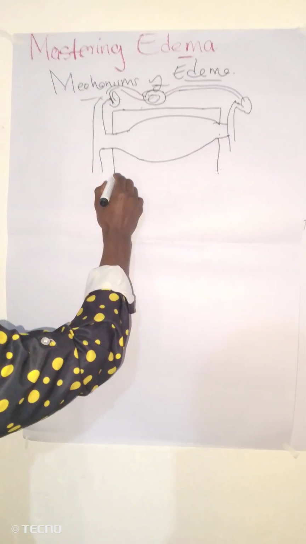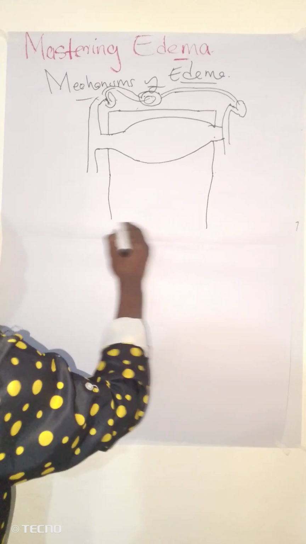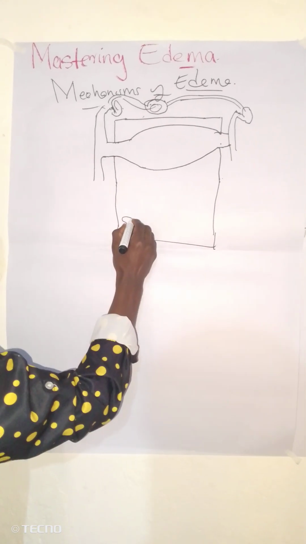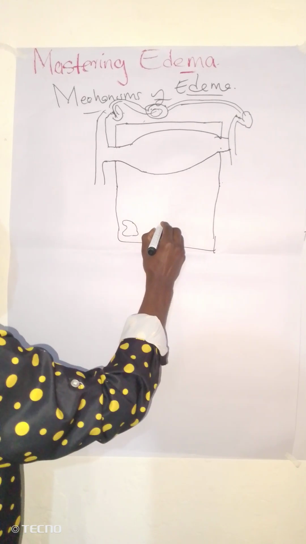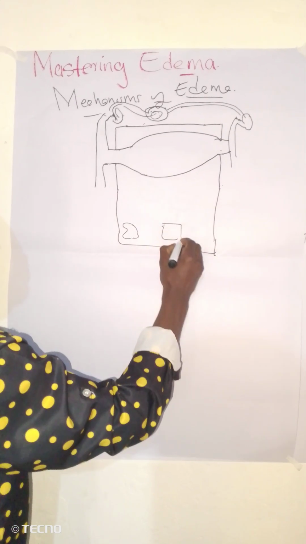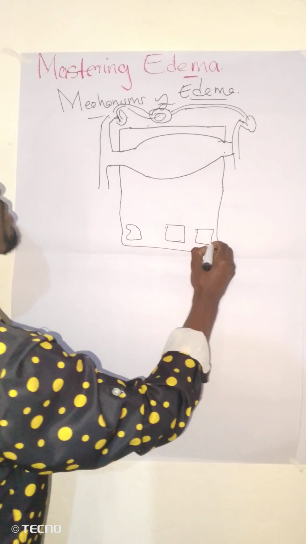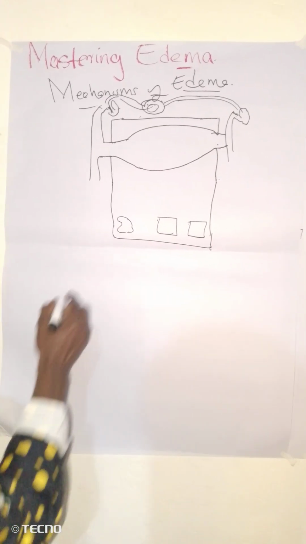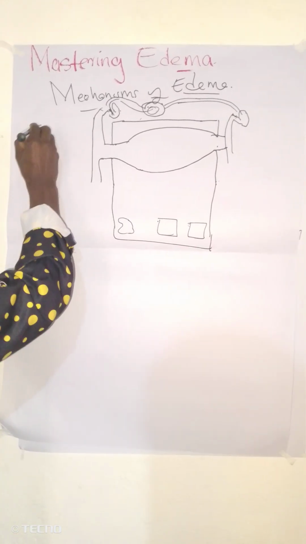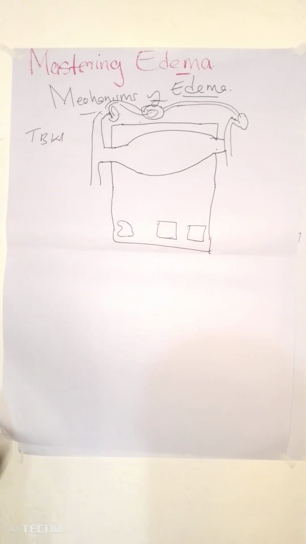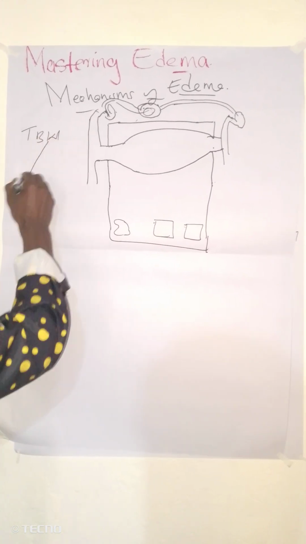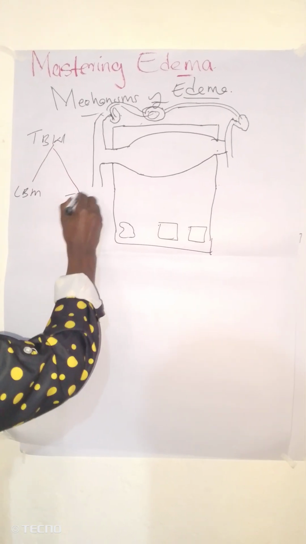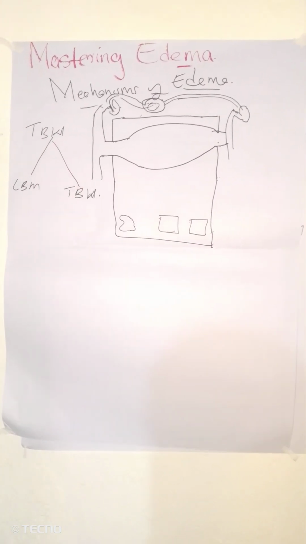So let us say this is our tissue. We have our serous body cavity, and we have parenchymal cells. For the total body weight, we have the lean body mass and total body water.